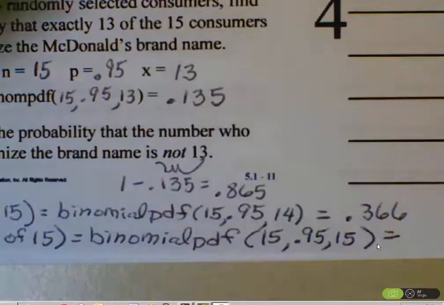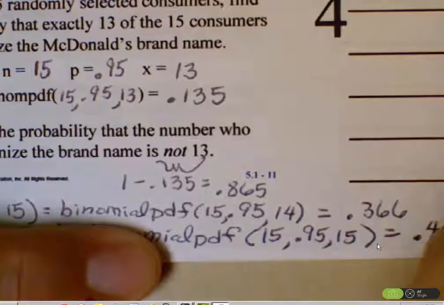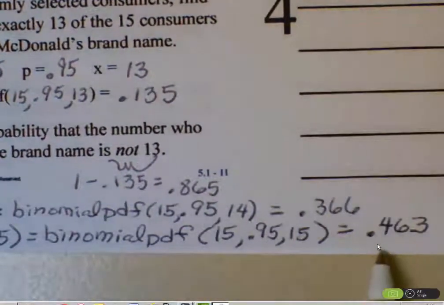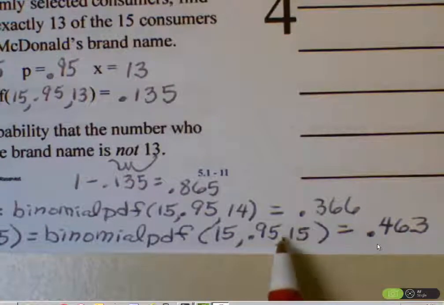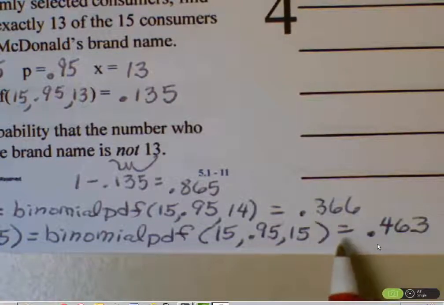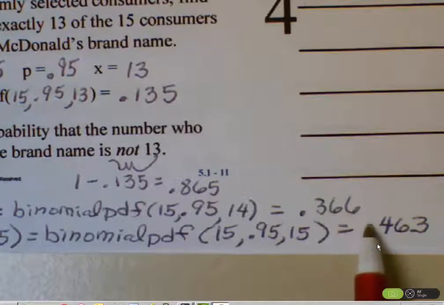And I got that probability to be 0.463. So there's almost a 50% chance that all 15 people will say, yes, I know what McDonald's is. Or if we add these two probabilities together, we get about 0.83, 83% chance that either 14 or 15 will say, yes, I know what McDonald's is.